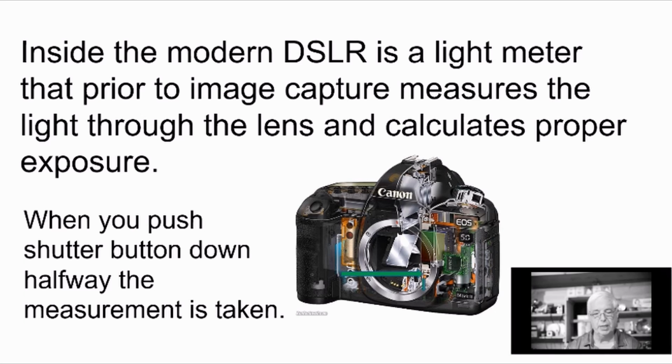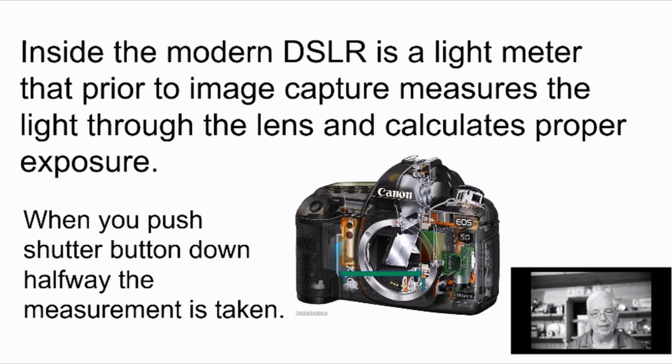In some cameras like the Nikon, it will continually update even if you have the button down. But generally, you push the button halfway down, it's going to determine what are the right operating parameters to get a properly exposed image.